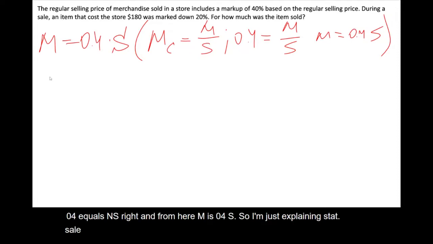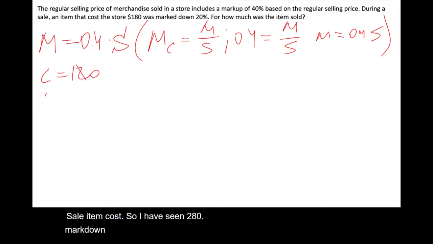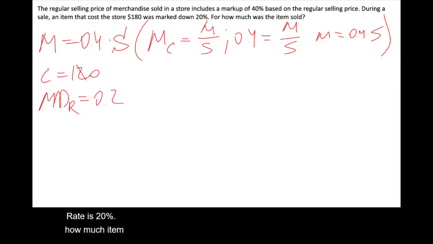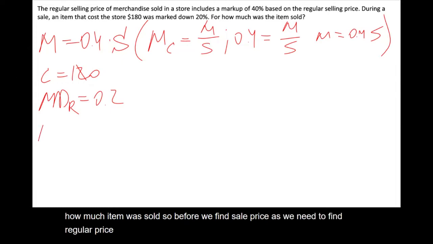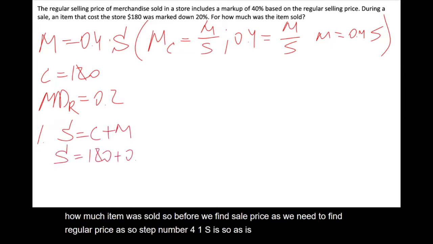Sale item cost, so I have C, 180. Markdown, so MDR, the markdown rate, is 20%. For how much was the item sold? So before we find the sale price, SP, we need to find the regular price S. So step number one, S is C plus M. So S is 180 plus 0.4S, right?